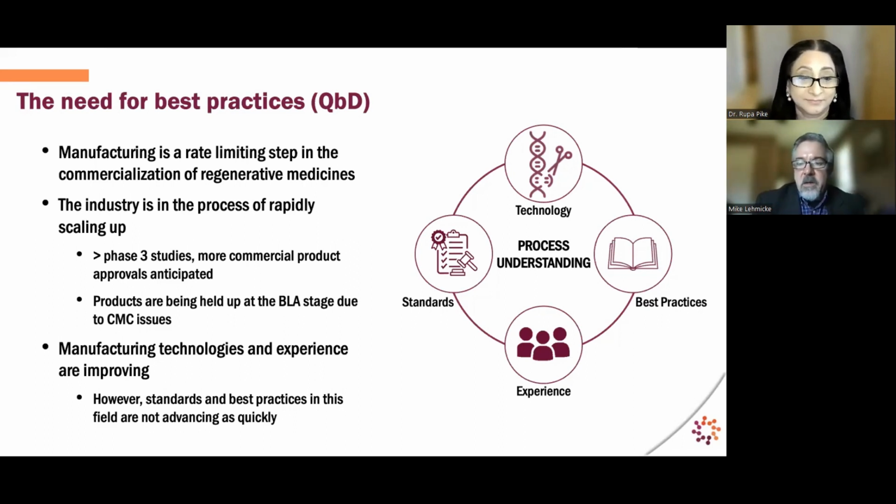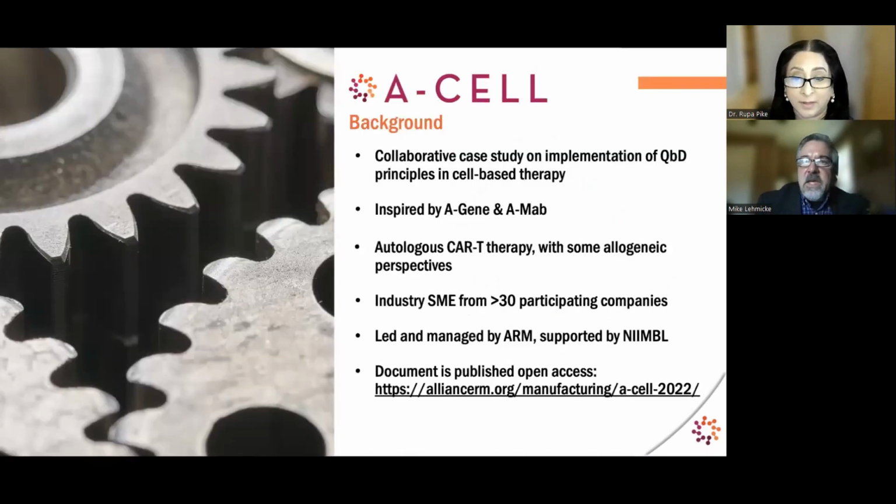Today, we're going to talk about a specific example of best practices. And this is the A-Cell case study, which is a collaborative case study describing the implementation of quality by design principles in cell therapy manufacture. In this case, the specific example is a hypothetical autologous CAR T product.